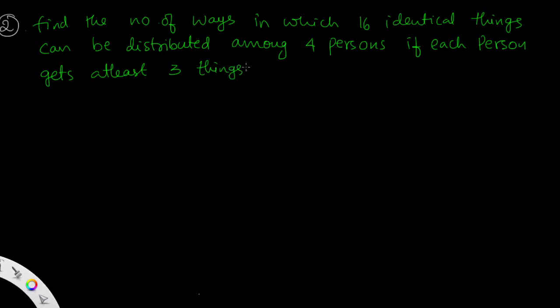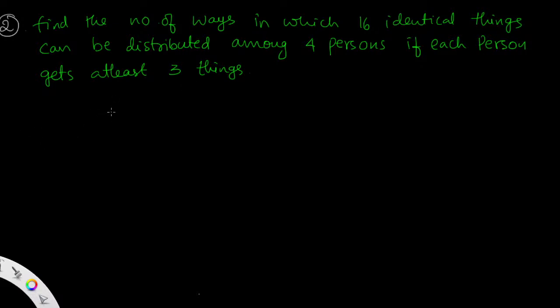These are all PYQs, nothing but previous year questions. Okay, by using Beggar's formula, distribution of alike objects, the question is: find the number of ways in which 16 identical things can be distributed among 4 persons if each person gets at least 3 things.